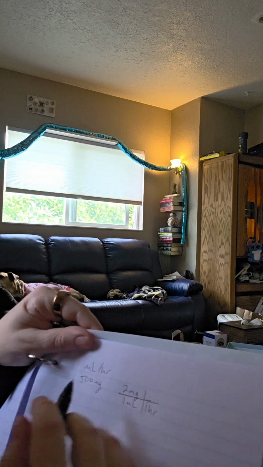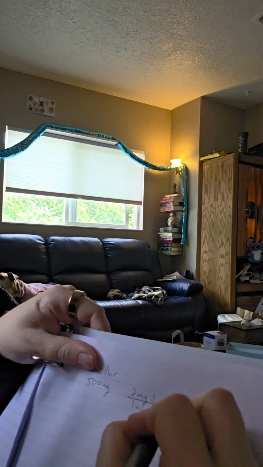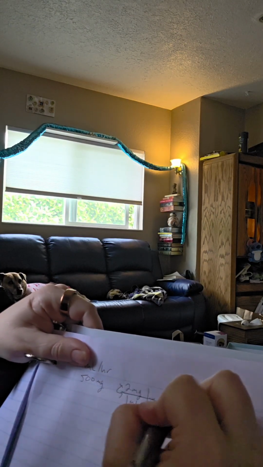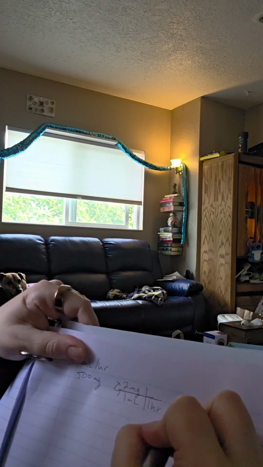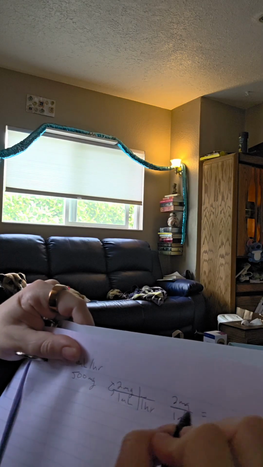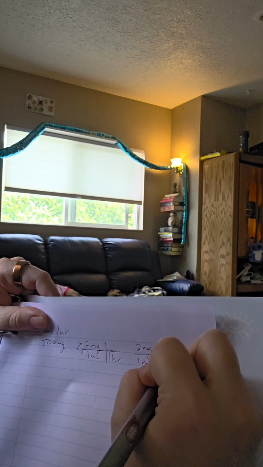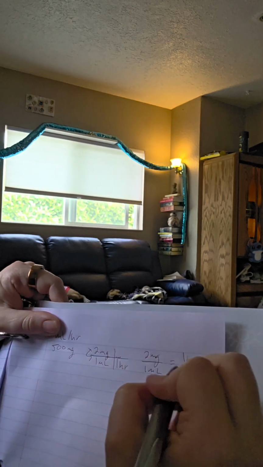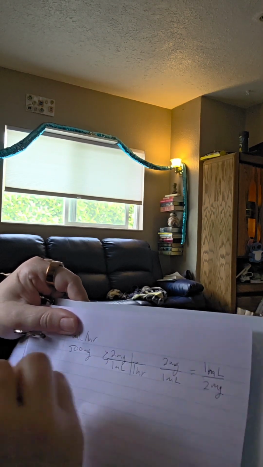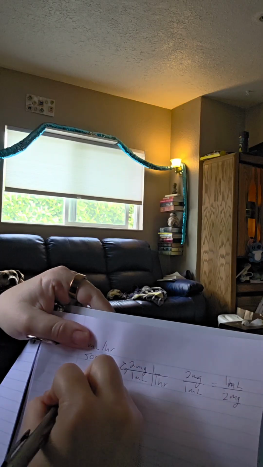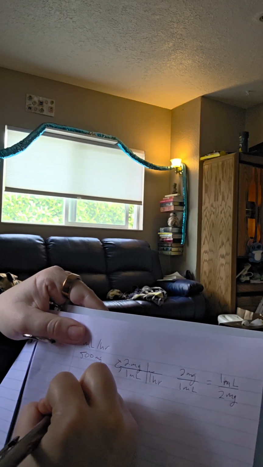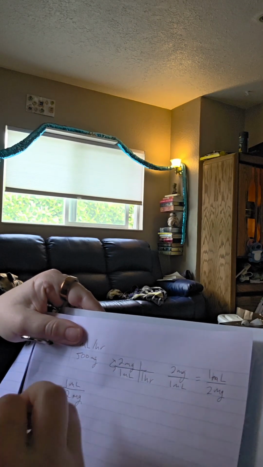Okay, so let's start with, we can switch these. 2 milligrams over 1 milliliter is the exact same as 1 milliliter over, forgive my M's, 2 milligrams. So we'll start with that. 1 milliliter over 2 milligrams.